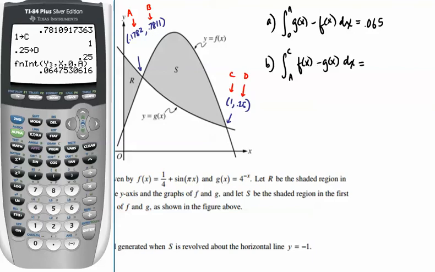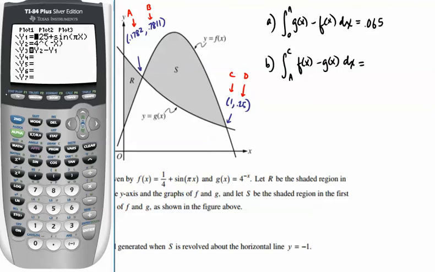And so what I want now is the integral from a to c of f of x minus g of x. Go back into y equals, and I could change 3, but I'm just going to leave everything in case I need to come back to it at a later time, and I can clearly see what I've done if I make any mistakes.